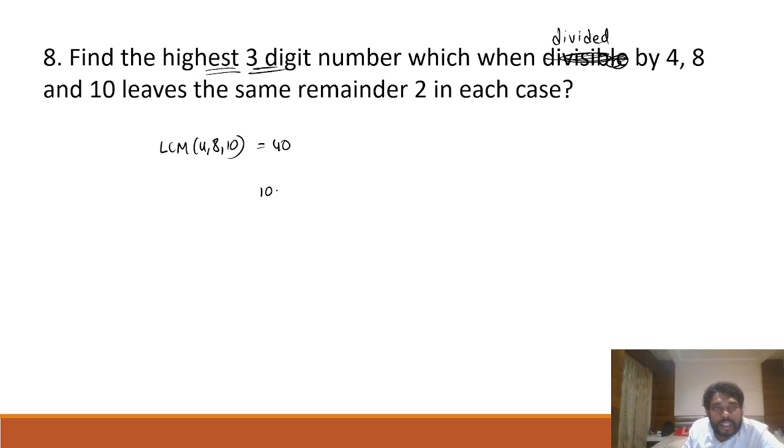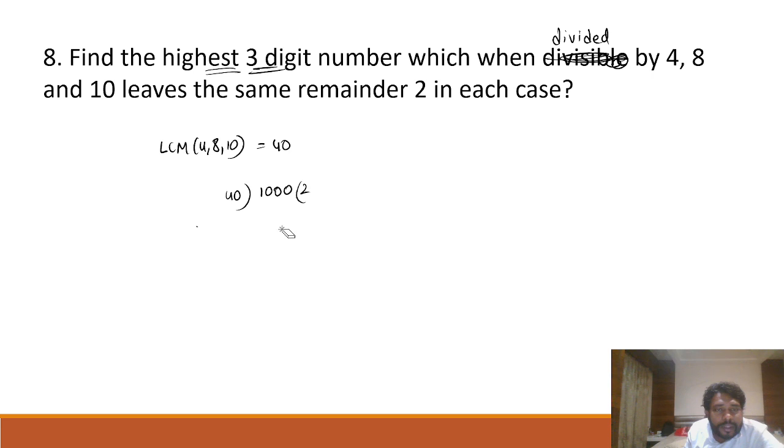For that, I need to take the least 4-digit number, which is 1000, and divide with 40. And obviously 1000 is perfectly divisible by 40.